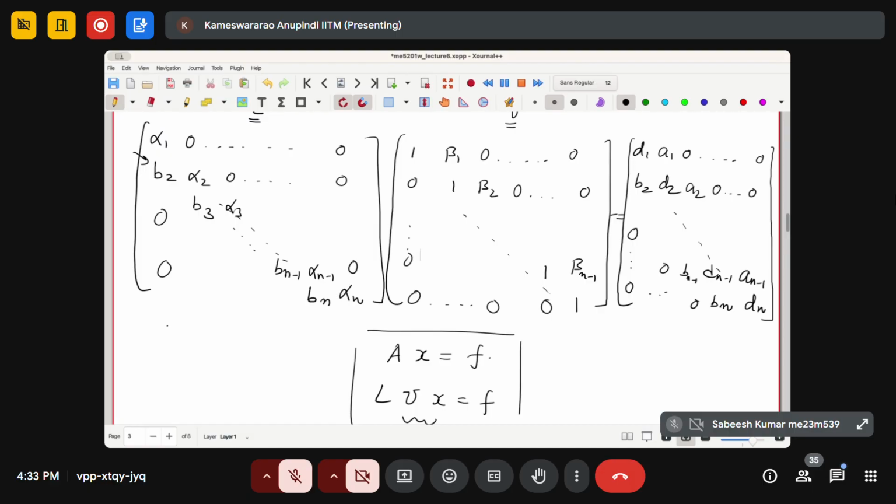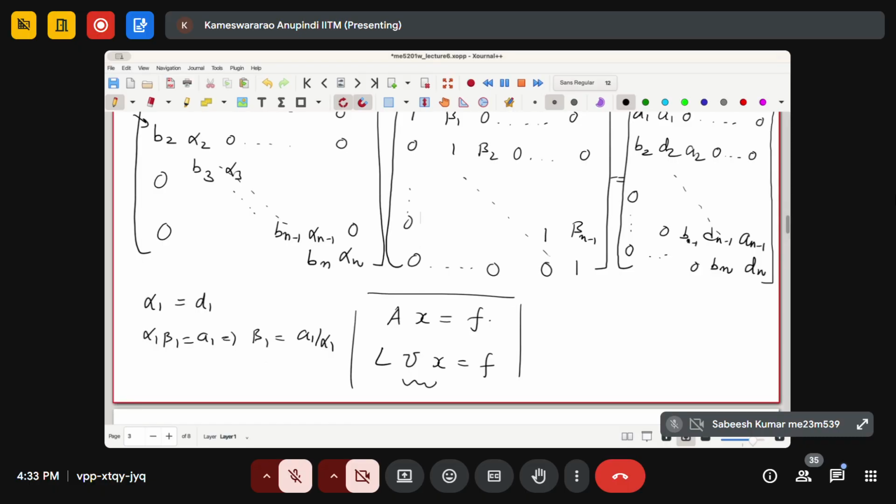First row with the first column is going to give me alpha 1 equals D1. Okay. Then if I multiply the first row with the second column, what am I going to get? I'm going to get alpha 1 beta 1 equals A1. That means my beta 1 is going to be A1 upon alpha 1. I calculate alpha 1, use the alpha 1 to calculate beta 1, right? That's what I have done.